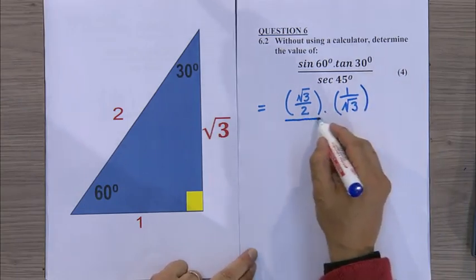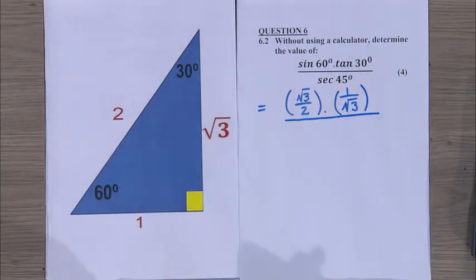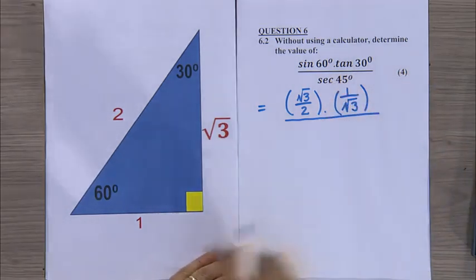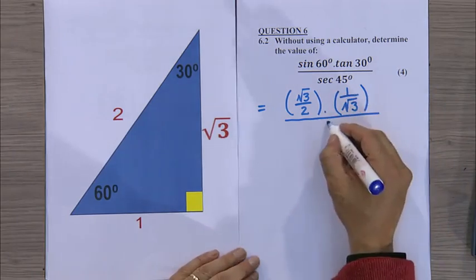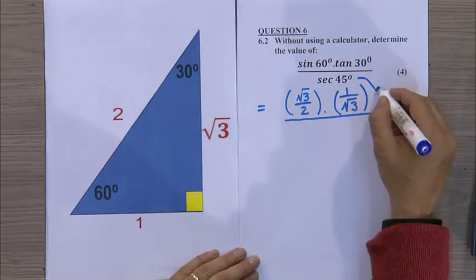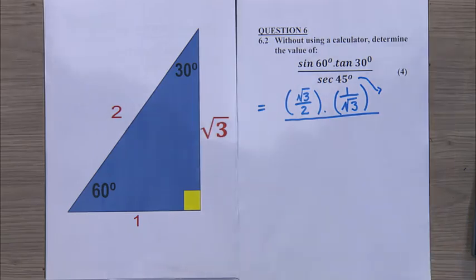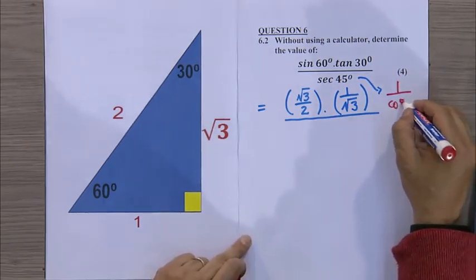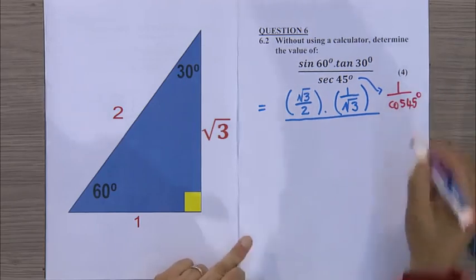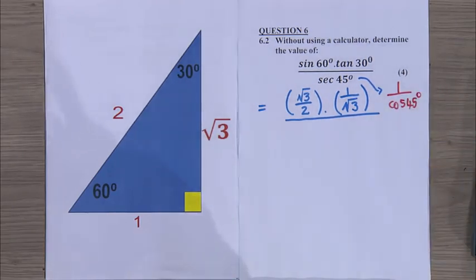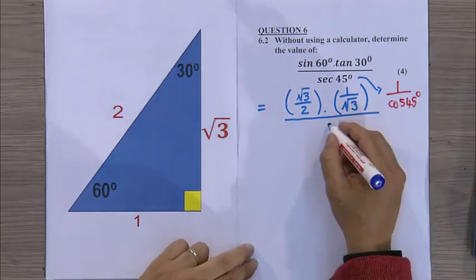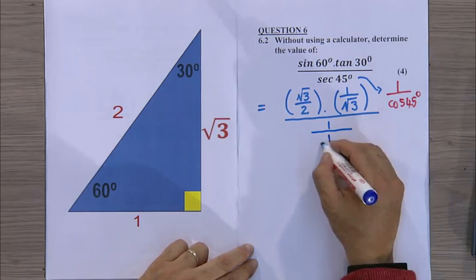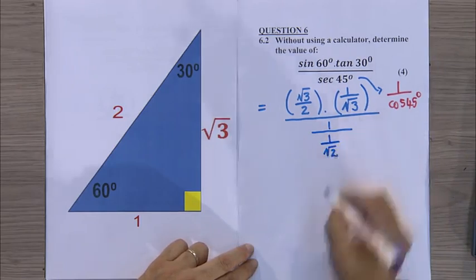And then we have the sec of 45. Now, just another thing, sec, remember we said is 1 over cos. So sec 45 degrees is the same as 1 over cos 45 degrees. And what is the cos of 45 degrees? Cos of 45 is 1 over square root 2.